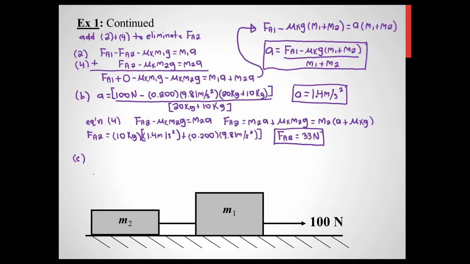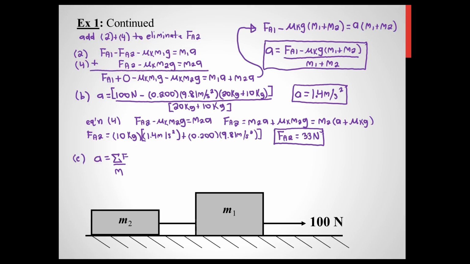C says, using the equation derived in A, I want to identify which specific forces make up the net force on the system. Okay, so let's look at the one variation of Newton's second law of motion that tells me, if I manipulate for A, Newton's second law would be sigma F divided by m.